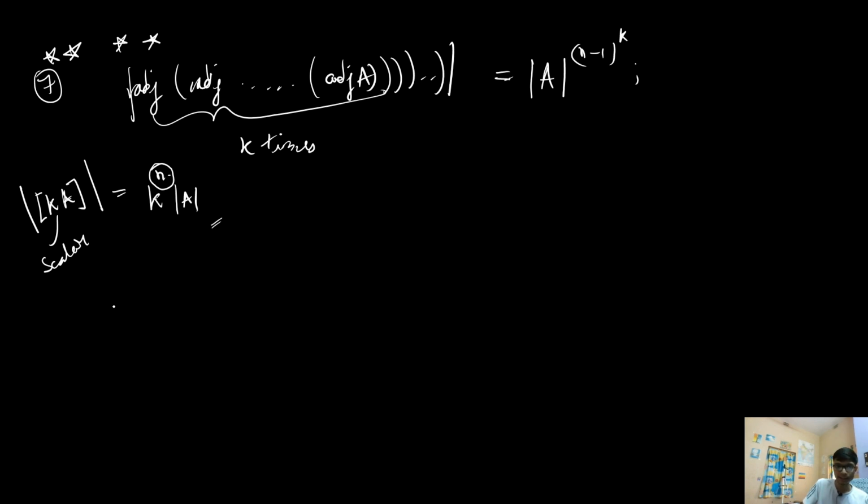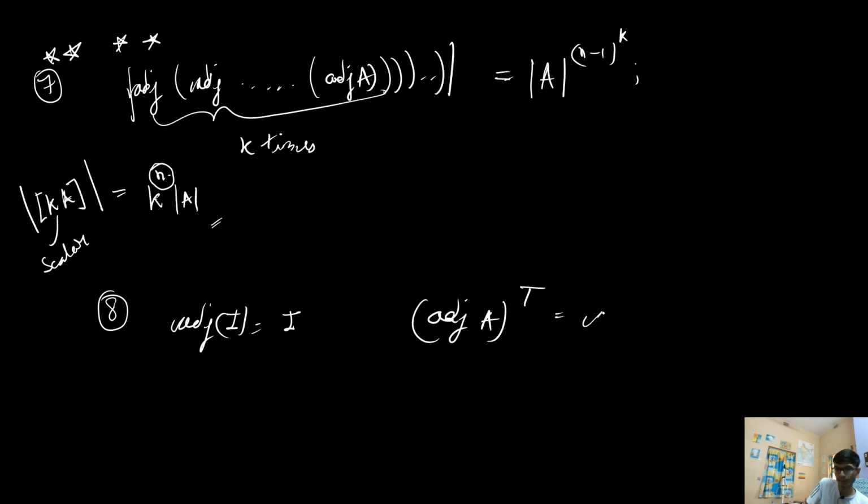Okay, now let us study the eighth property, that is if you take the adjoint of the identity matrix, it will be equal to the identity matrix. And if you take the adjoint of A and its transpose, it is equal to the transpose of the adjoint of A. Now another, ninth property is known as the reversal law.